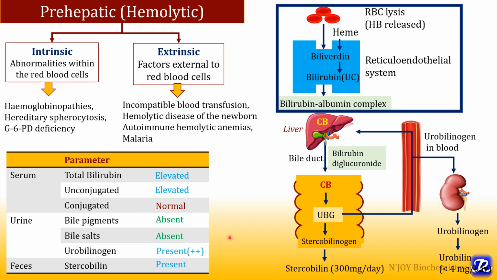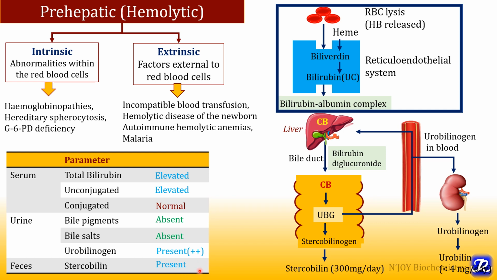And urobilinogen is normally present in the urine, and in this case there is increased unconjugated bilirubin, but conjugation is normal. So conjugated bilirubin is getting converted into urobilinogen and it is coming in the urine. So there will be presence or somewhat increase in the urobilinogen in this prehepatic or hemolytic jaundice.